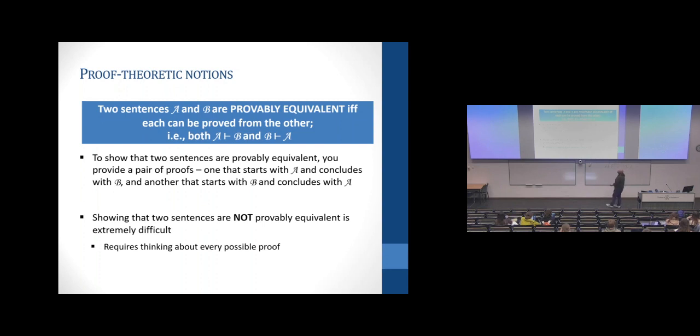Now, an interesting limitation of the system is that it cannot show you that two sentences are not provably equivalent. Again, this is kind of parallel to the other limitations that we mentioned earlier. So, we can show that a sentence is a theorem. We can show that two sentences are provably equivalent.